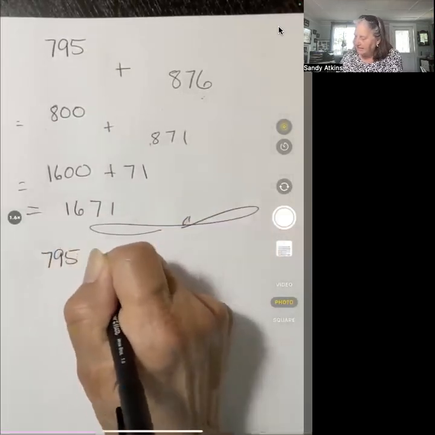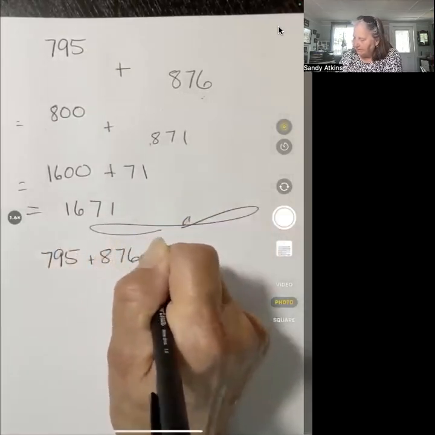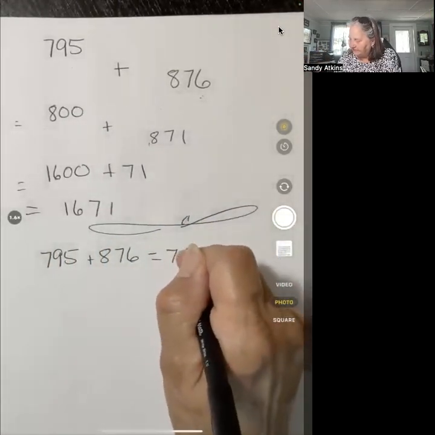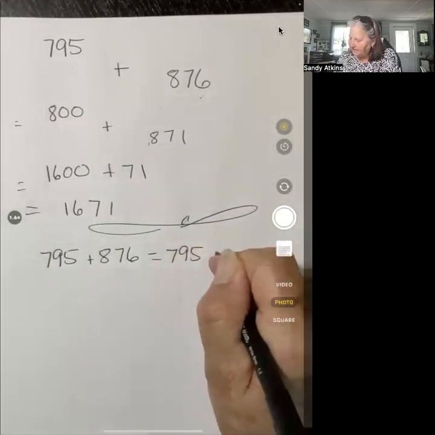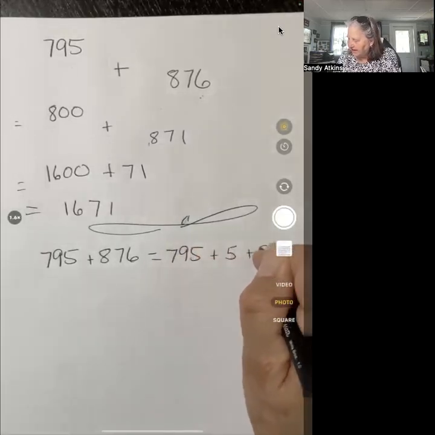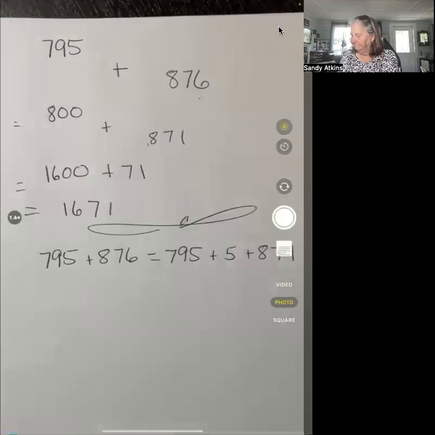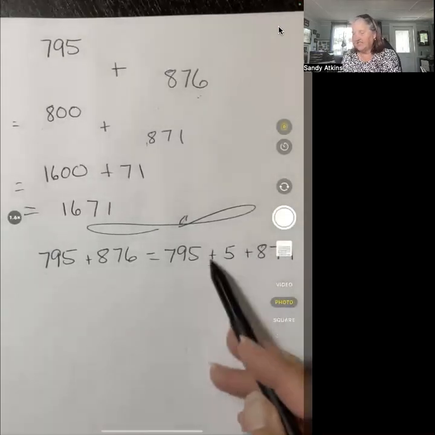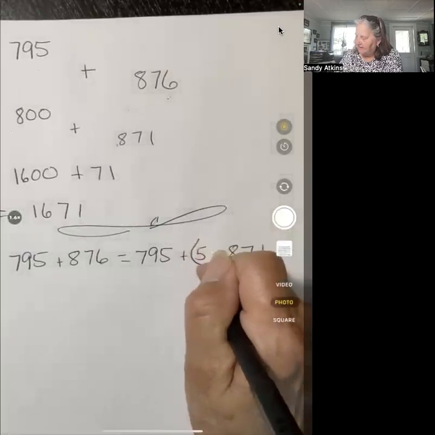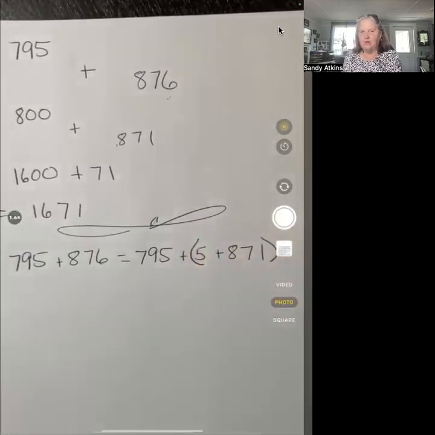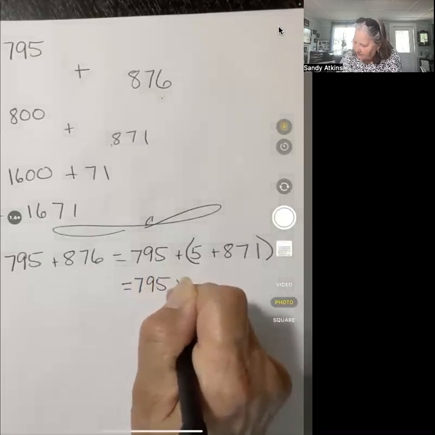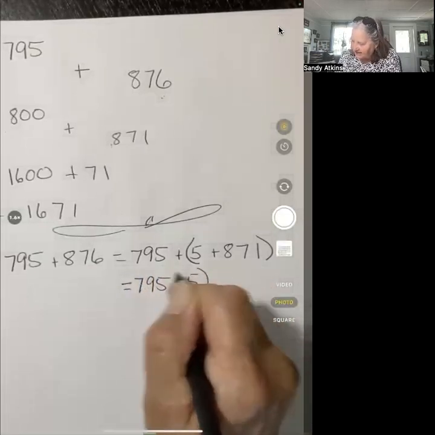Okay. Now, again, if you want to see what this looks like notationally for that associative property, essentially, I am going to think of 876 as 5 plus 871. Still 876. But instead of associating the 5 with the 871, I'm going to associate the 5 with the 799.